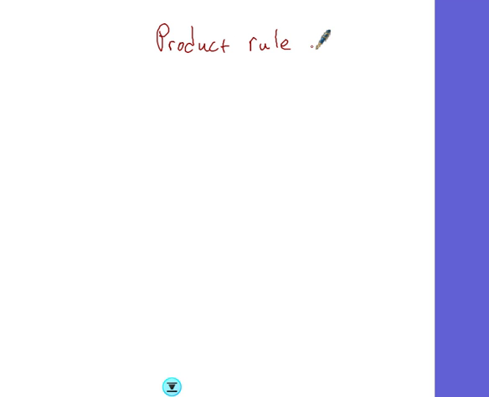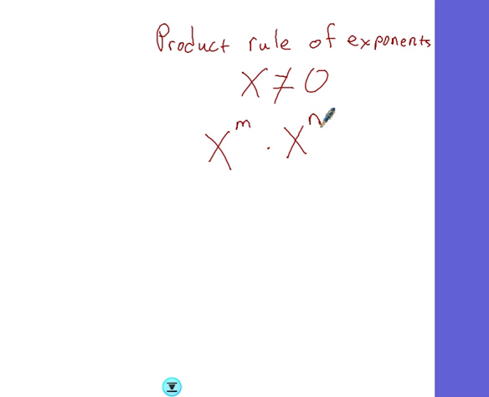When x does not equal 0, then x to the m, where m is just a variable, whatever number you can think of, and x to the n, a different variable.